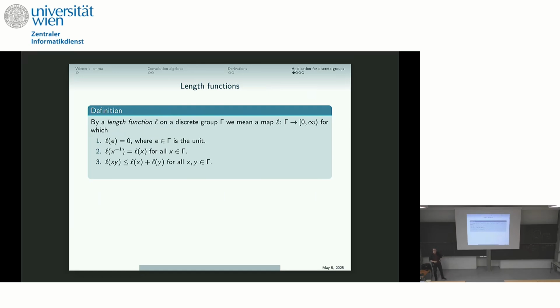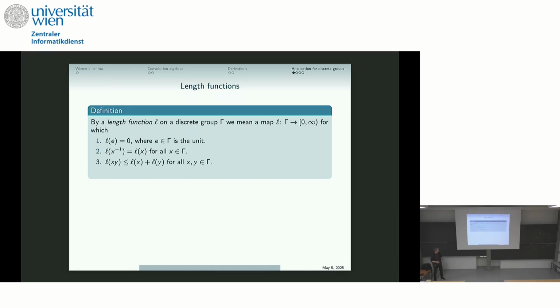So I need to start talking about length functions. I've already kind of talked about length functions because I've mentioned groups with polynomial growth, right? So you have polynomial growth with respect to a length function. I'll now tell everyone in the audience what this actually means in the case of discrete groups. So by a length function, on a discrete group here, I will mean a map from gamma into [0, infinity), for which I need to send the unit in the group to 0.